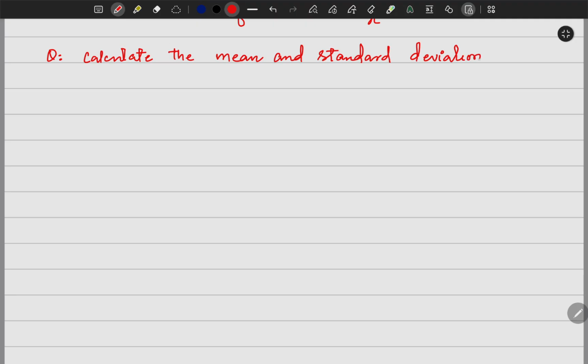For example, the question may be like this: calculate the mean and standard deviation for the following data.